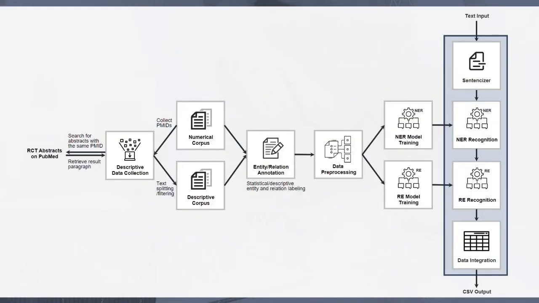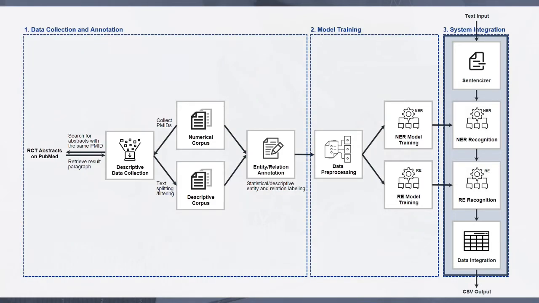Here is an overview of the system design architecture. It is performed in three-phase tasks: data collection and annotation, model training, and system integration. First, RCT abstracts from PubMed were retrieved to develop an extensive corpus, including all common representations of results with fine-grained entity and relation labels.